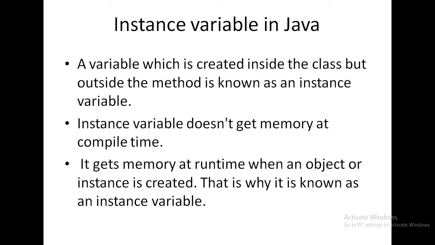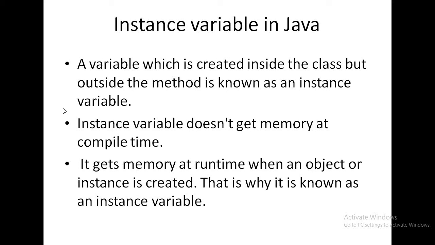A variable which is created inside the class but outside all the methods is known as an instance variable. Or you can say that whenever you declare a variable normally like int x, int y, int z inside the class, but outside the methods, outside the functions, those variables are known as instance variables.